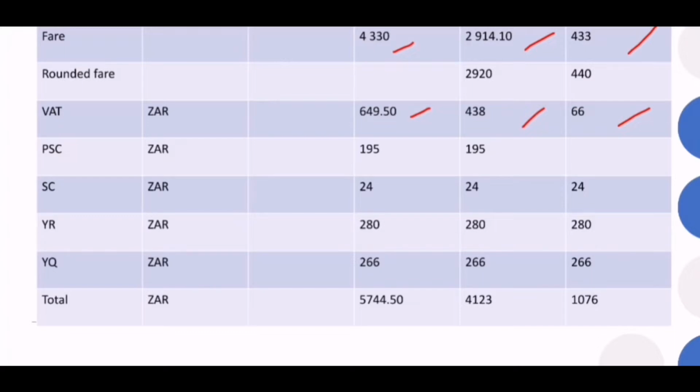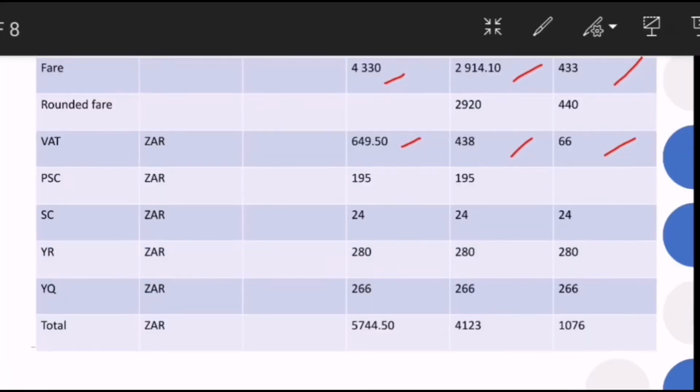So we have now approximately 4 departures, so it's going to be 6 times 4, give us 24, and then we write it up in this box with the code EV. I don't think I mentioned that with PSC you use the code ZA, and then with that you use the code ZV. YR and your YQ will be charged per airline.